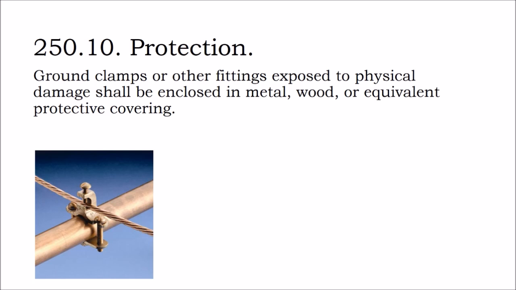One thing that kind of shook me is that ground clamps or other fittings exposed to physical damage shall be enclosed in metal, wood, or equivalent protective coverings. So where I'm used to seeing these ground clamps is on your lightning rod. People call it a lightning rod. It's really not a lightning rod. It's a ground rod. It's an 8-foot or 10-foot long piece of copper that gets hammered into the ground next to your building.